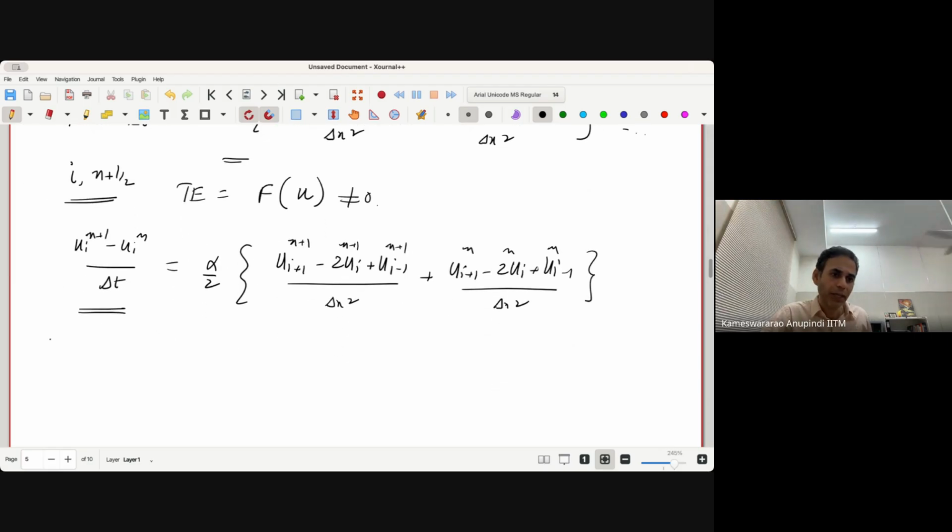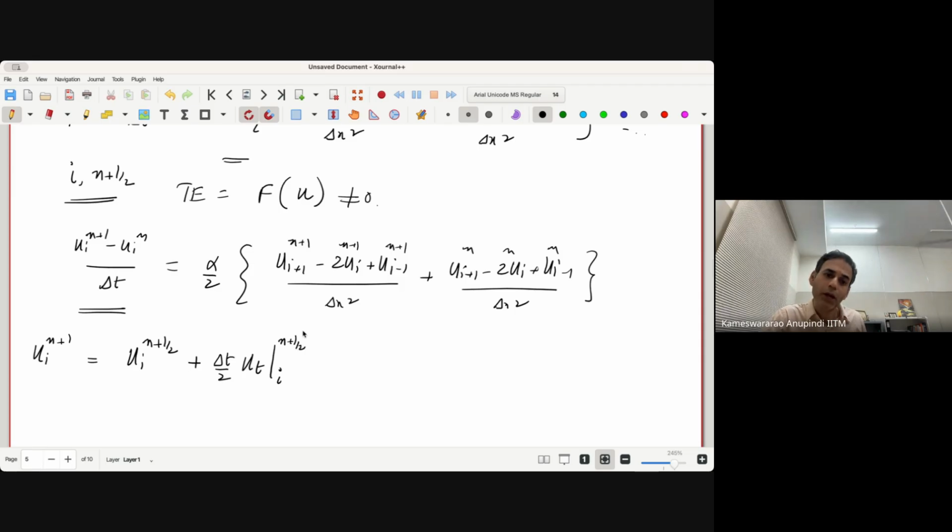Now, let me expand u_i^{n+1} about u_i^{n+1/2}. u_i^{n+1} is away from u_i^{n+1/2} by delta t by 2, so this is going to be plus delta t by 2 u_t. This is at i and n plus half.